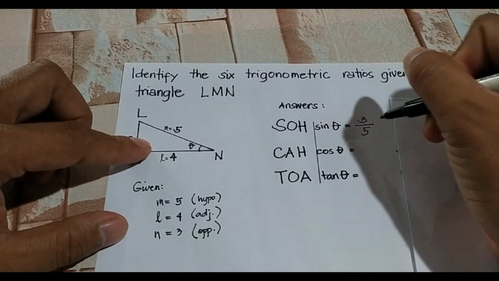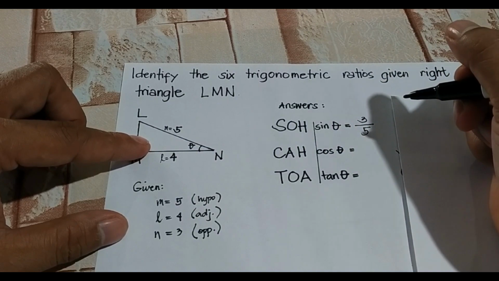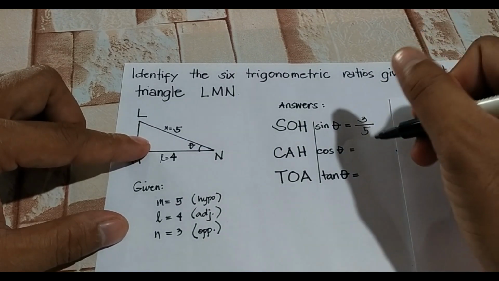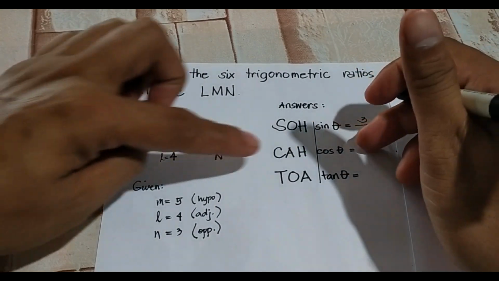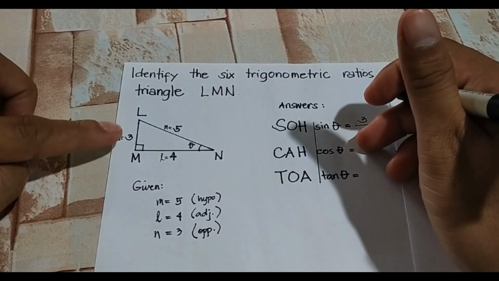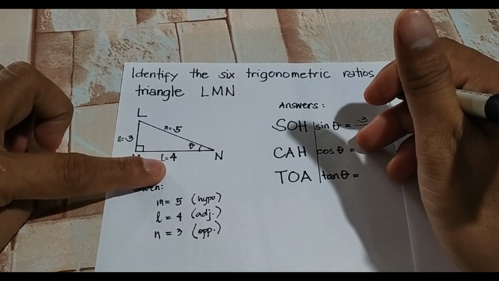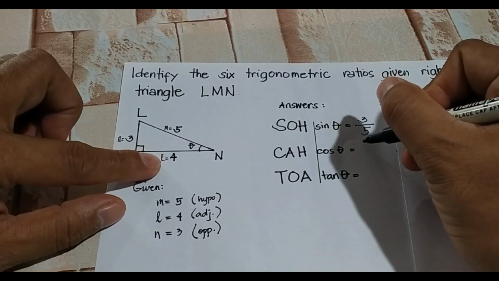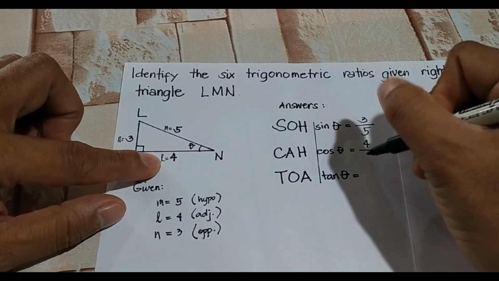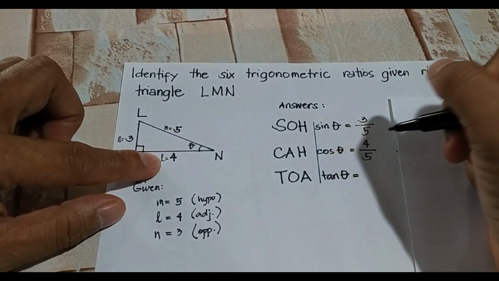Therefore, sine theta is equal to 3 over 5. While we have cosine theta, that is adjacent over hypotenuse, that is L over hypotenuse. So you have L, which is 4, over the hypotenuse, which is 5.